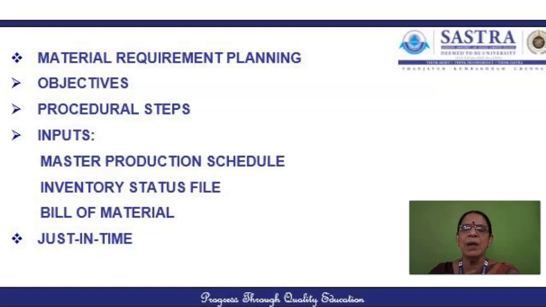Materials requirement planning is a technique for determining the quantity and timing for the acquisition of dependent demand items needed to satisfy master production schedule requirements.